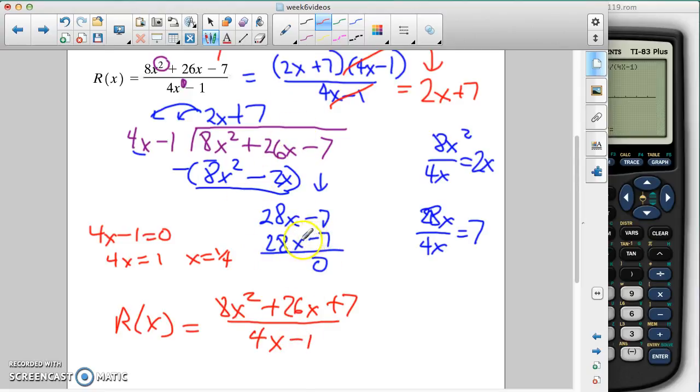But if we just change this, so the last step would give us a remainder, that means that then 2x plus 7 would be our oblique asymptote.